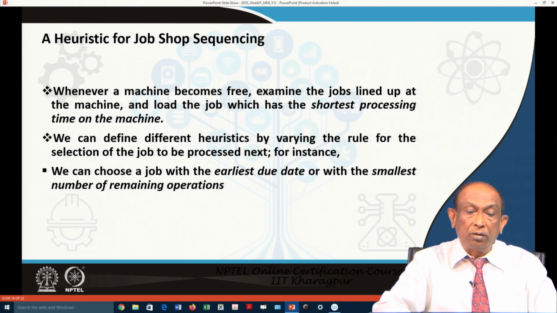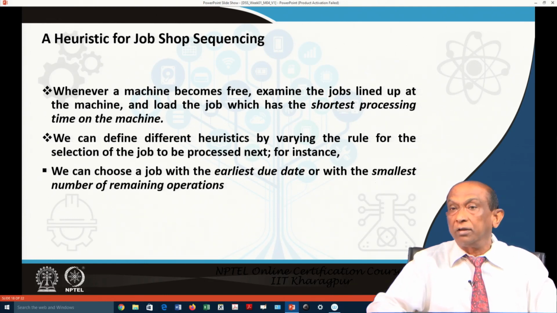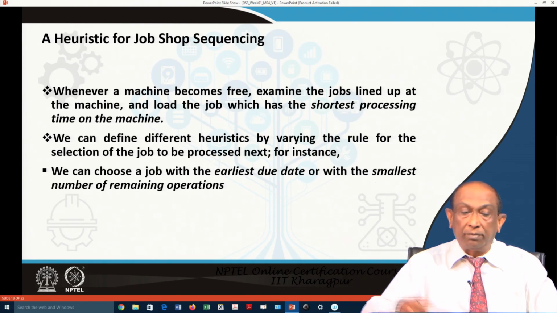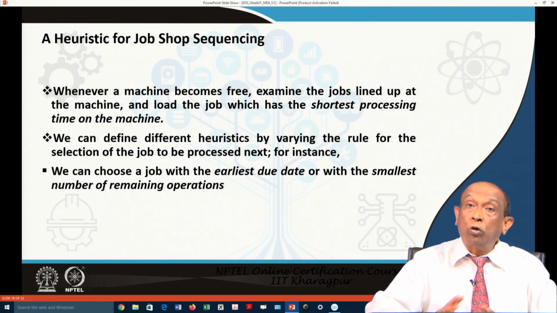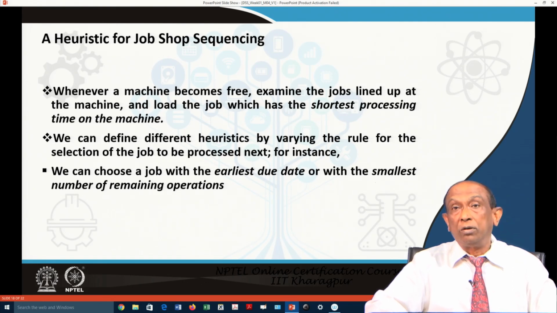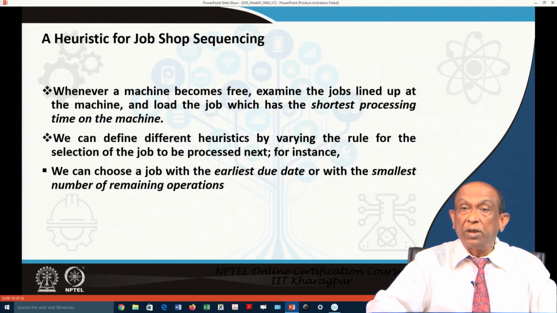For example, whenever a machine becomes free, examine the jobs that are lined up at that machine and load the job which has the shortest processing time on the machine. This is also known as the shortest imminent processing time rule. This is one kind of heuristic.